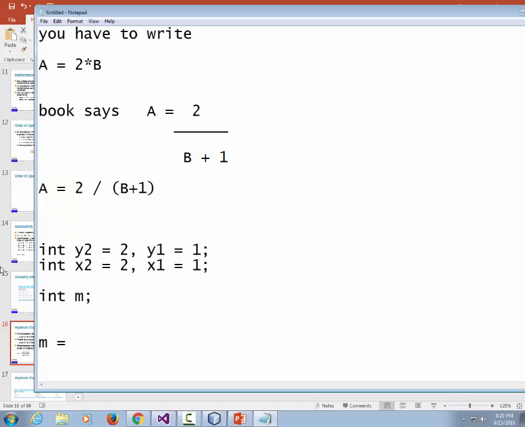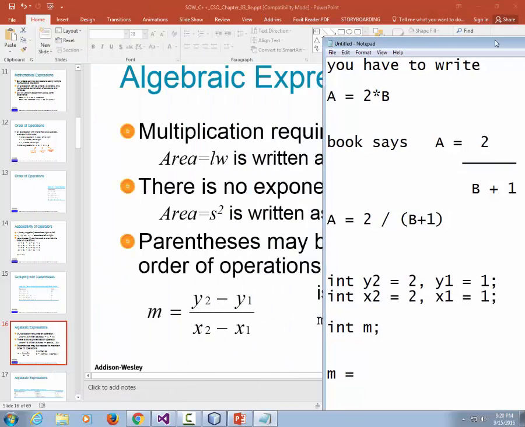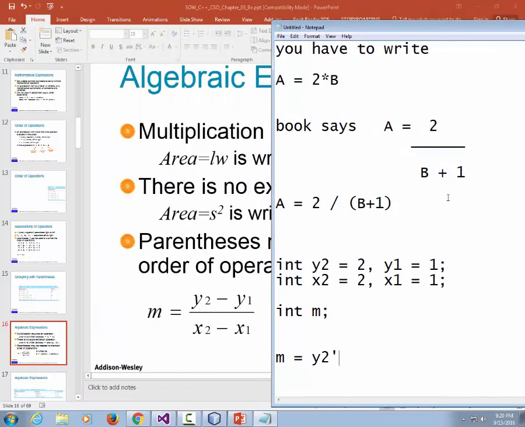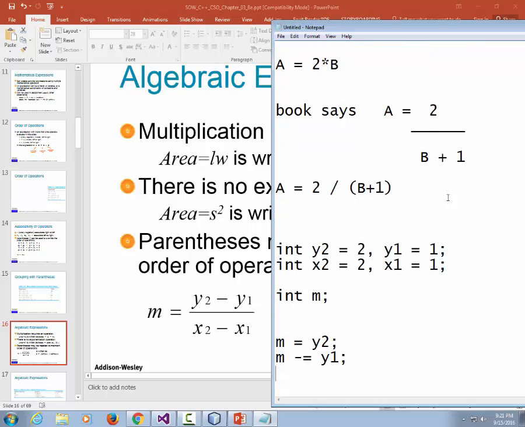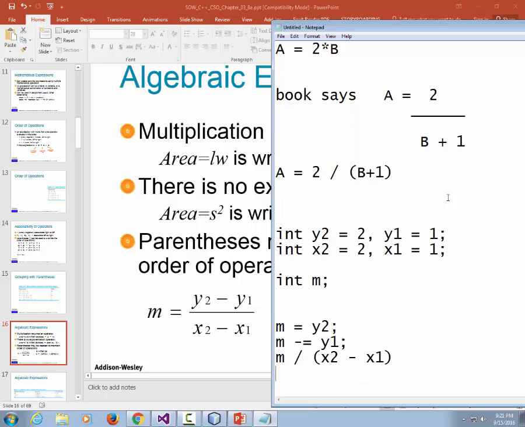M is equal, let's go look at the equation. M is equal to y2. Now this is going to make me feel like I'm using an old HP calculator with Polish notation. M minus equals y1. No, I can't do this all in single operators. Divided by x2 minus x1.